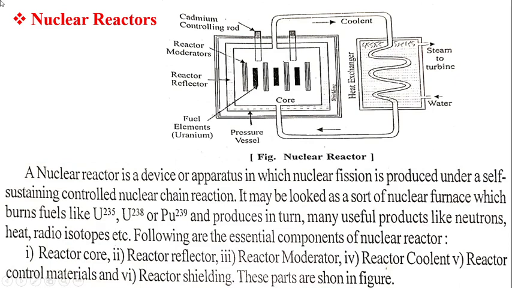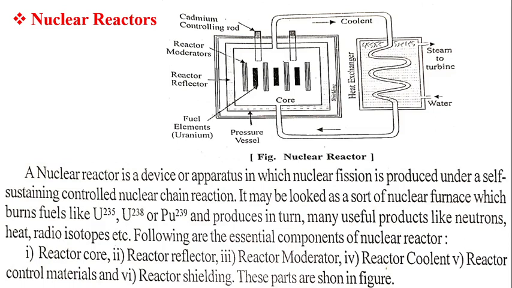It may be looked at as a sort of nuclear furnace which burns fuels like uranium-235, uranium-238 or plutonium-239 and produces in turn many useful products like neutrons, heat, radio isotopes, etc.